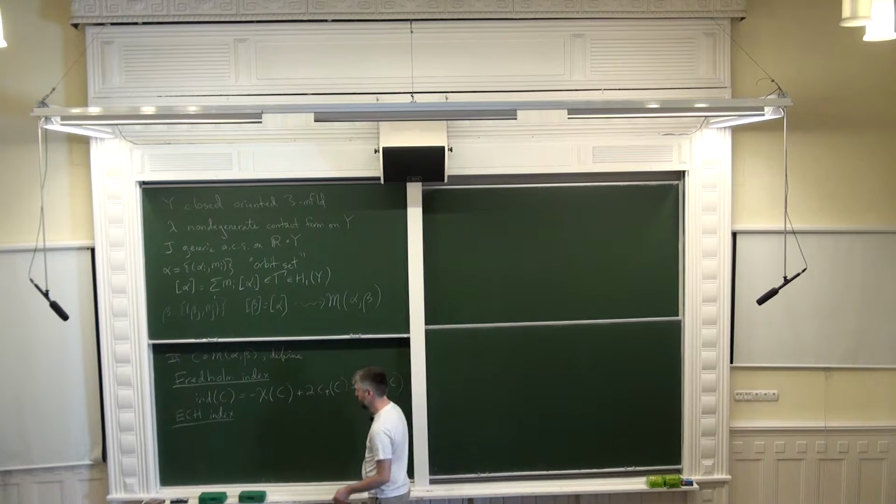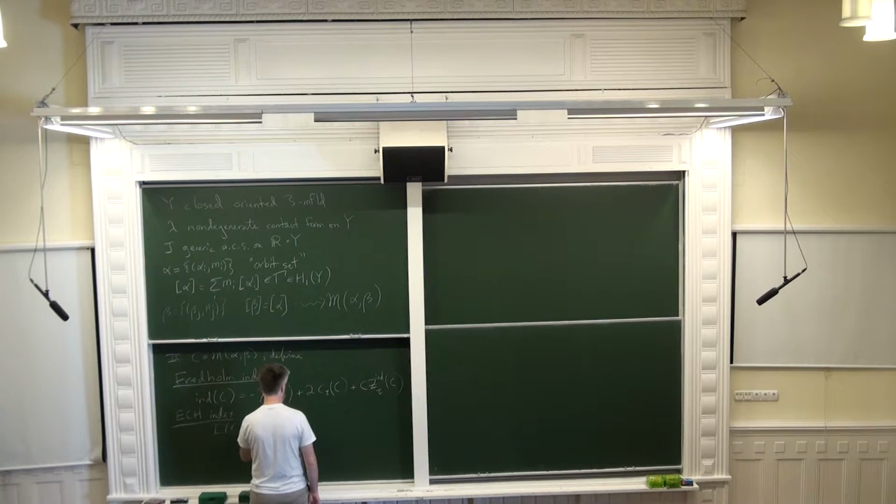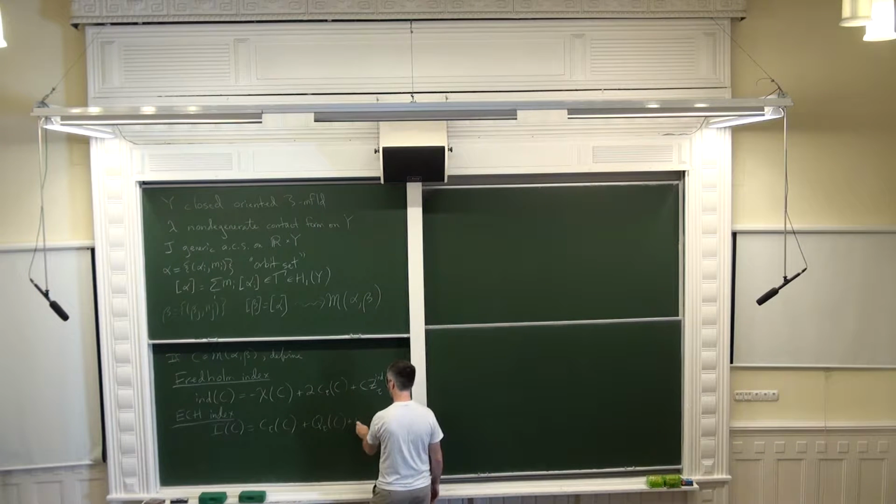And the ECH index, I(C), is the relative first Chern class plus the relative self-intersection number plus some other correction term.